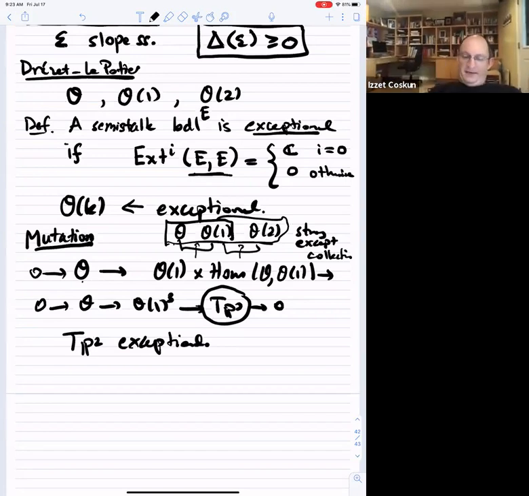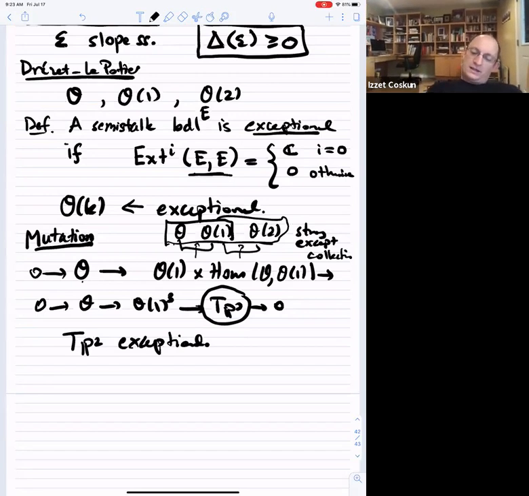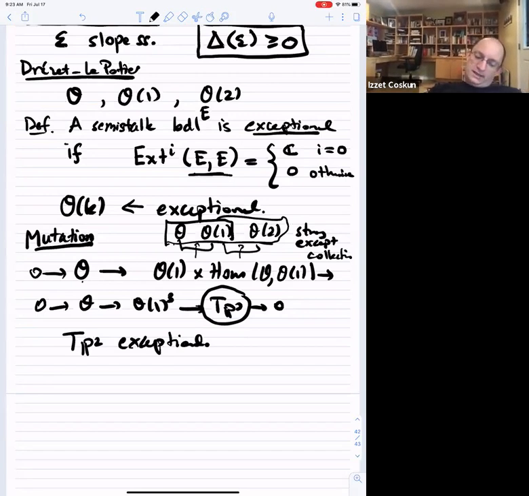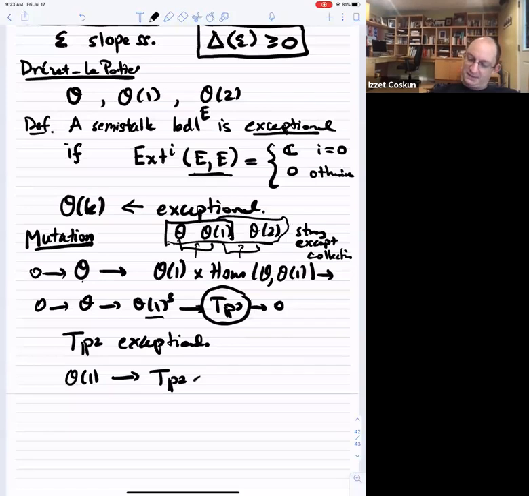And, you know, you can keep going. So now, if you wanted to make another one, you can now take O of 1 and TP2 and keep doing it. So you could take O of 1 and take TP2, now 3 copies. Again, the way you think about this is this tensor hom O of 1 to TP2, right?